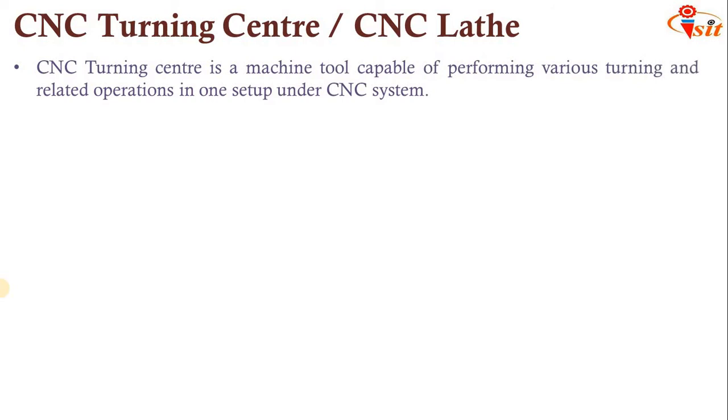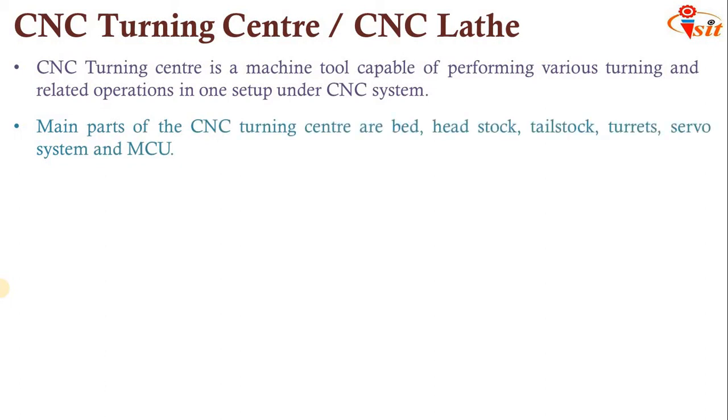A CNC turning center is a machine tool capable of performing various turning and related operations in one setup under a CNC system. The main parts of the CNC turning center are bed, headstock, tailstock, turrets, servo system and MCU.